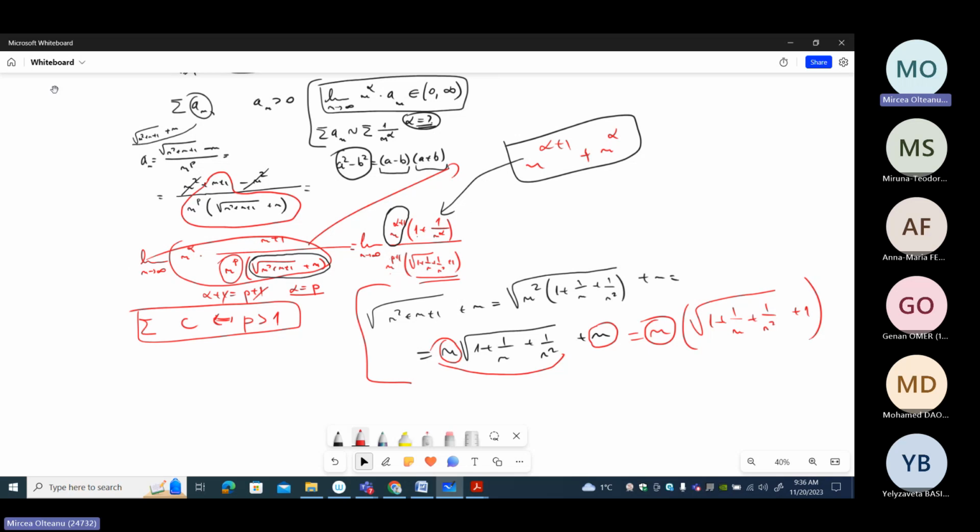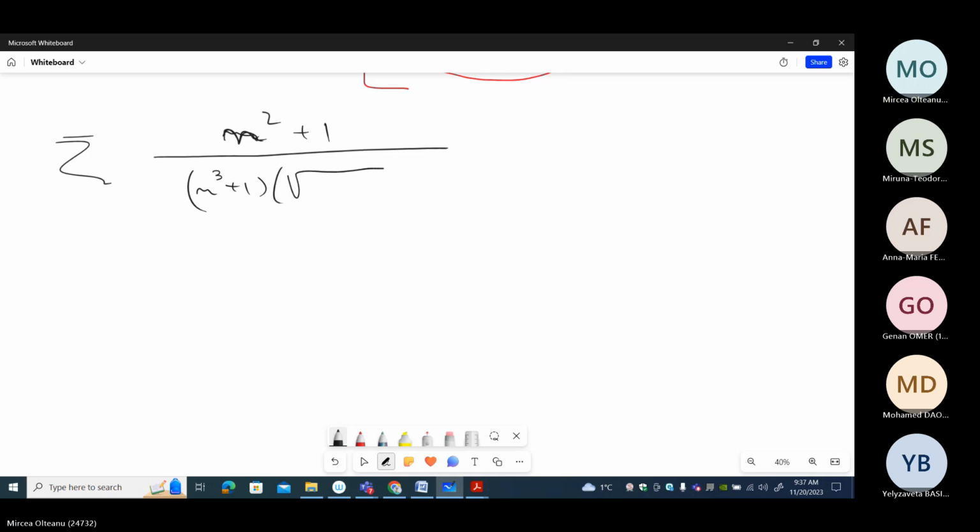If you want a similar example, I can give you another example. The same idea, for example, let's take now one without a parameter. n at 2 plus 1, and below let's take n at 3 plus 1 times the square root of n squared plus 1 minus n.